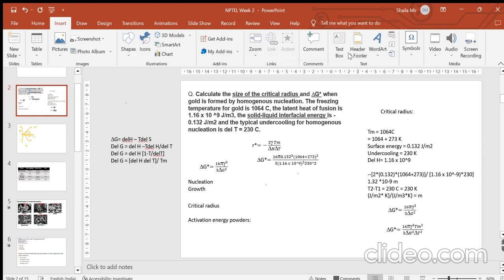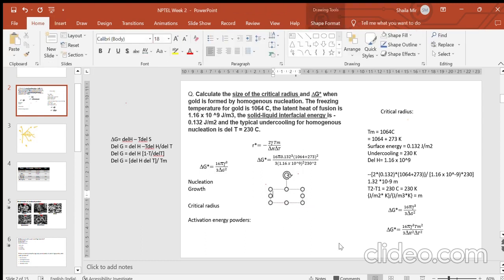If somebody can provide me with the answer, what is the value for delta G star if you have calculated it? Just plug in the values.